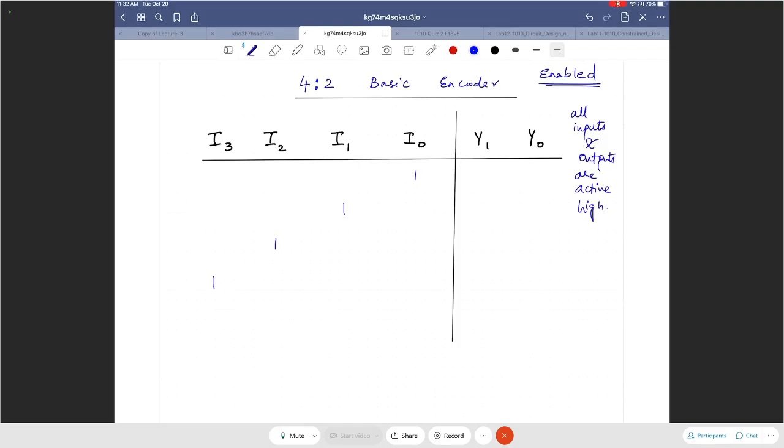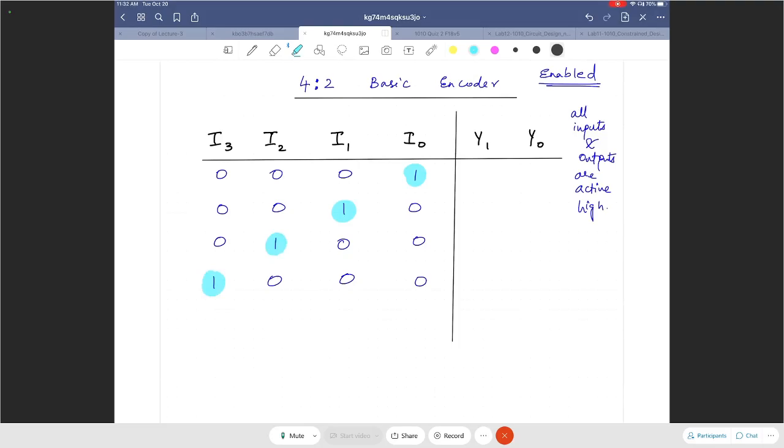Only one of them active. Everybody else has to be inactive at that time. The user has to make sure that only one input is active at any given time.